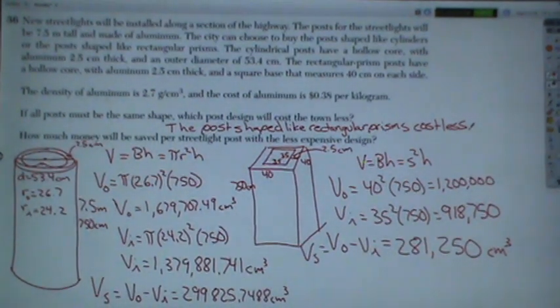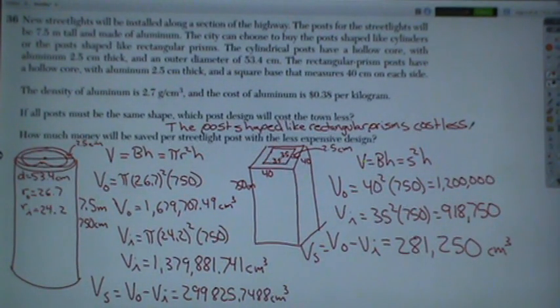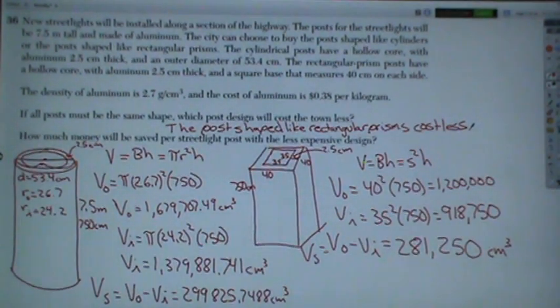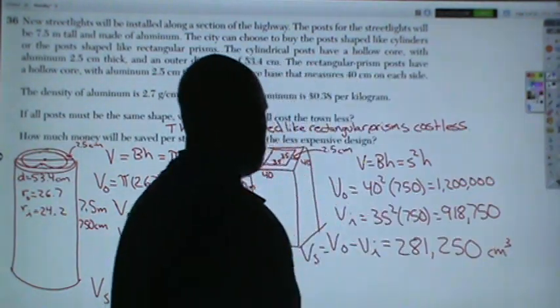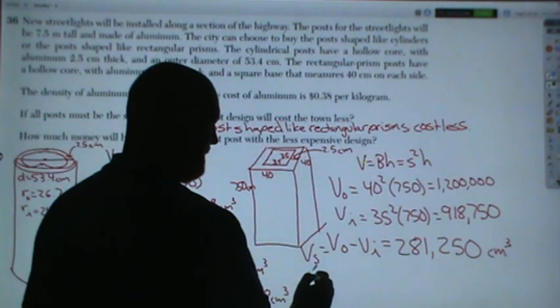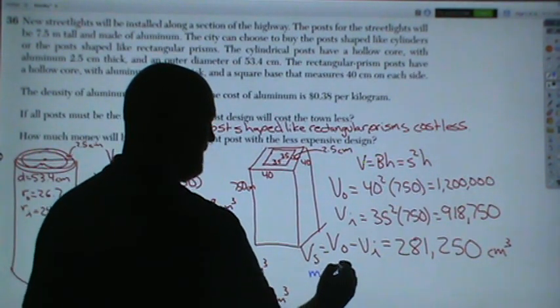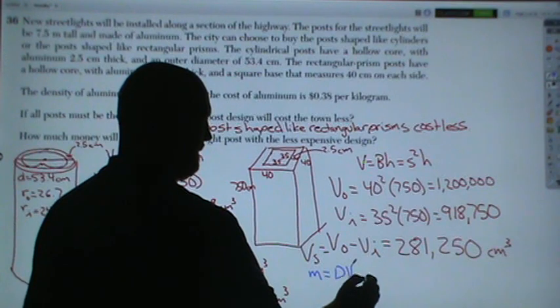Then we're asked how much money will be saved per streetlight post with the less expensive design. So to determine how much money is going to be saved per post, we have to figure out the cost of the post. So the first thing that I would do is calculate my mass. The mass is equal to the density times the volume.